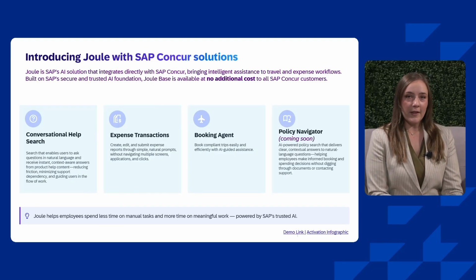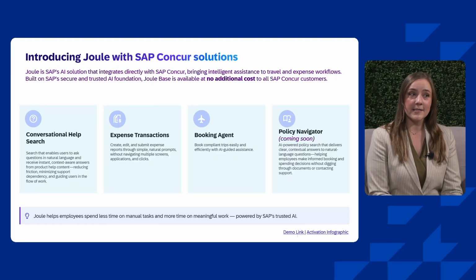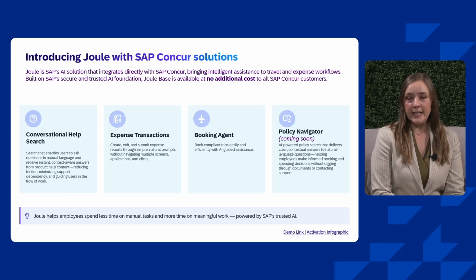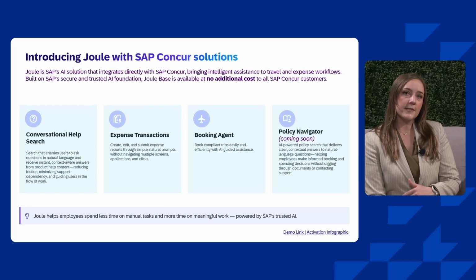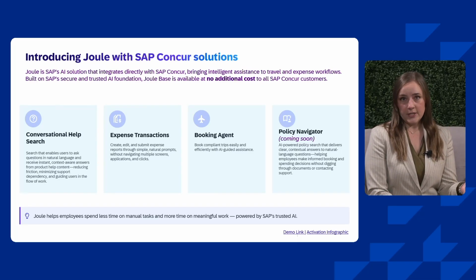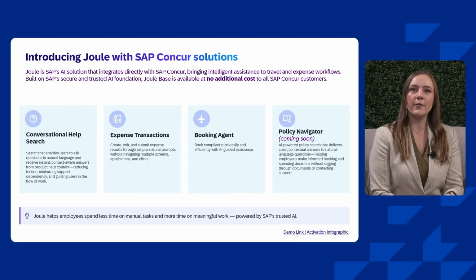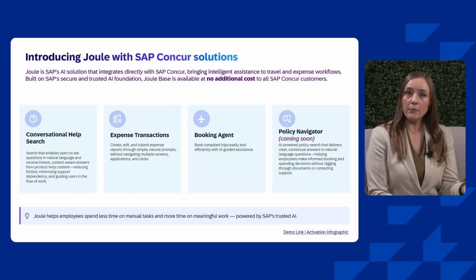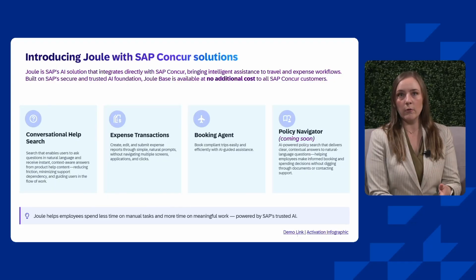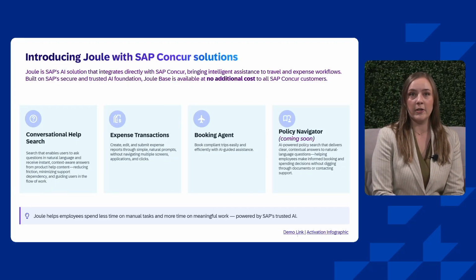And then the final one that I'll highlight, and this one's very exciting because it's coming soon, is Policy Navigator. This works similarly to the conversational help search, but rather than it being SAP help documentation, it's your organization's unique travel and expense policy documentation.